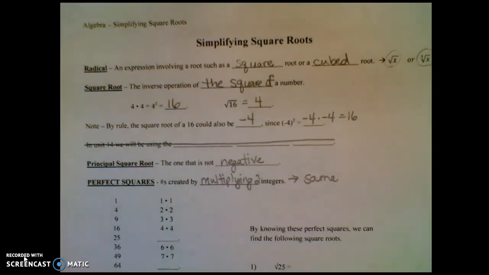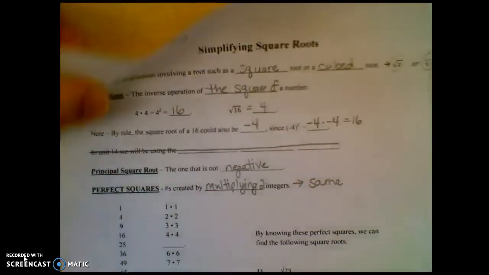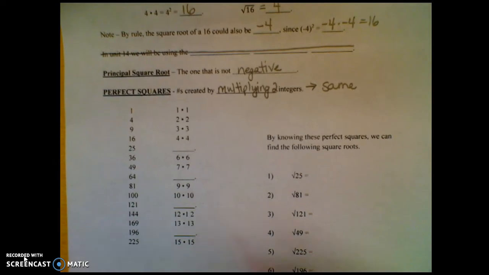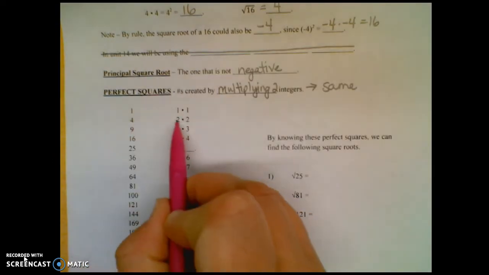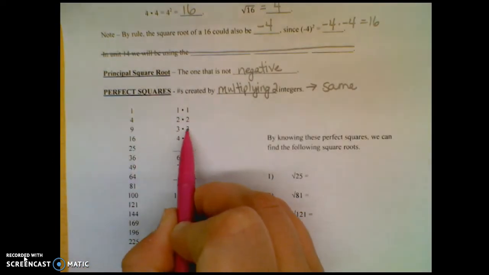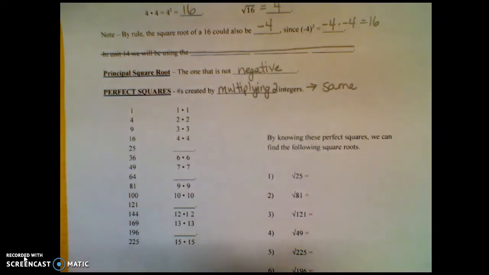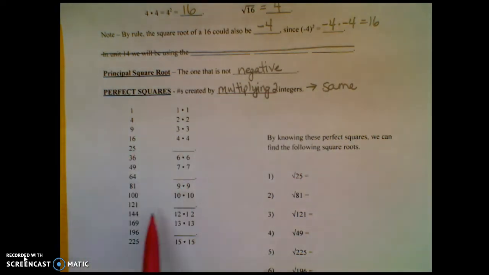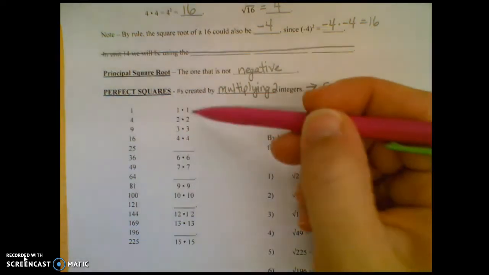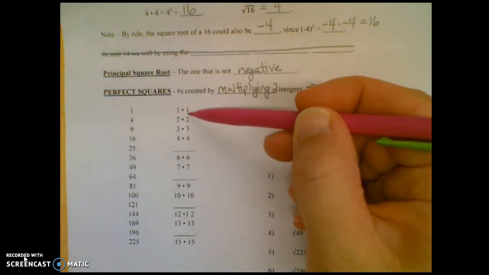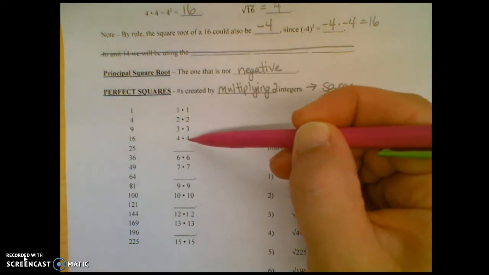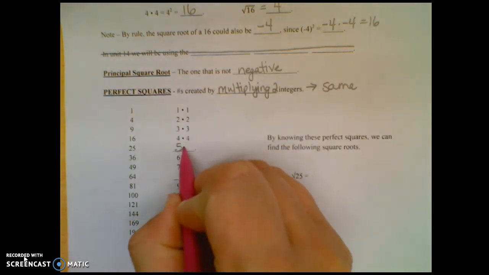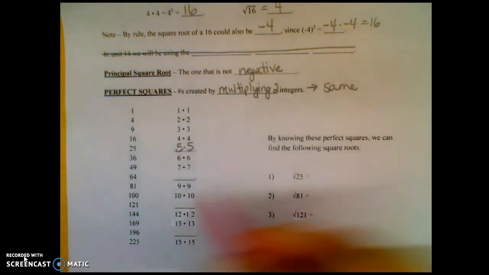So we have a list down here of these integers. 1 times 1 is 1, 2 times 2 is 4, 3 times 3 is 9, so on and so on. Okay, so 25, 64, 121, and 196 I left open, because you can see the pattern here. 1 times 1, 2 times 2, 3 times 3, 4 times 4. 25 is 5 times 5.